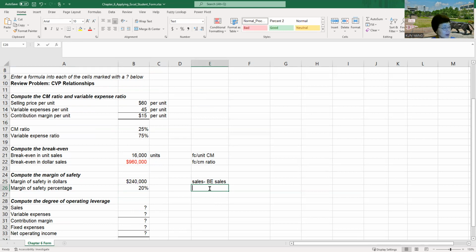So the dollar safe divided by the sales revenue. Did I put it here? Yeah, quickly. So the margin of safety in dollars divided by sales, so 20%, not too high.